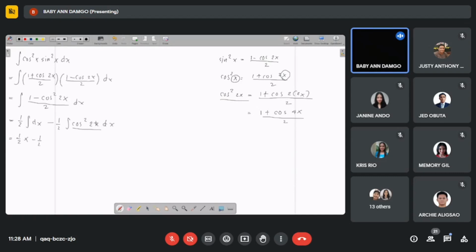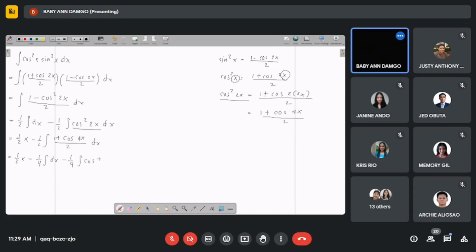We have integration of cosine squared 2x, which is 1 plus cosine 4x over 2 dx, in which this can be written as 1/4 integration of dx minus 1/4 integration of cosine 4x dx.